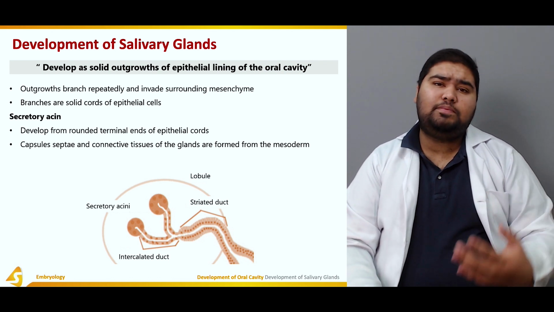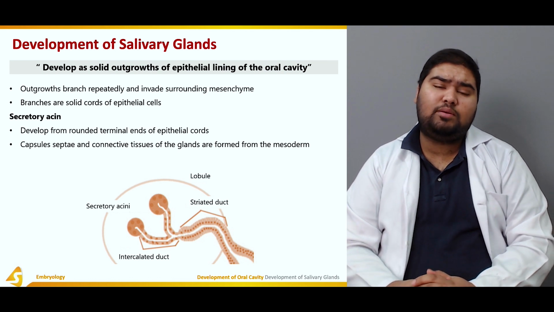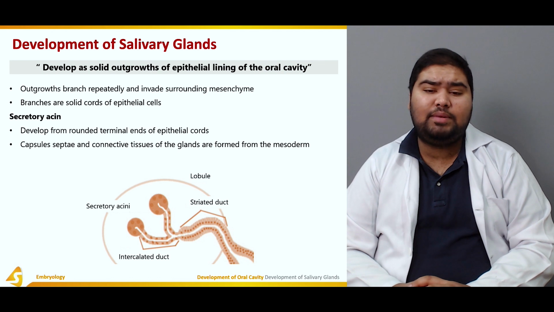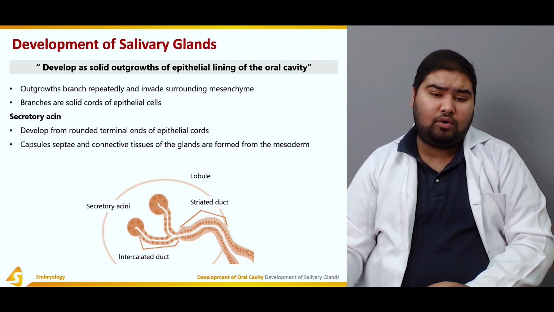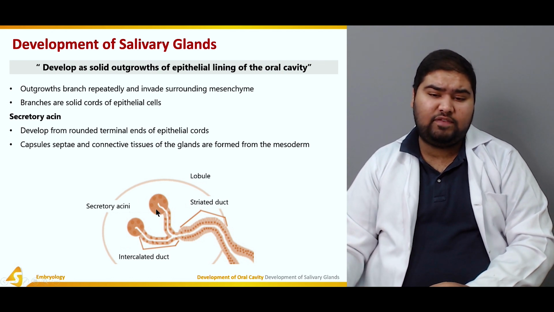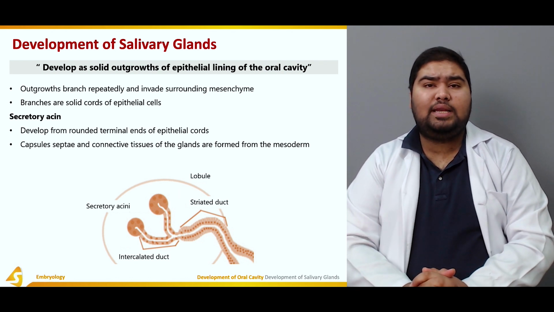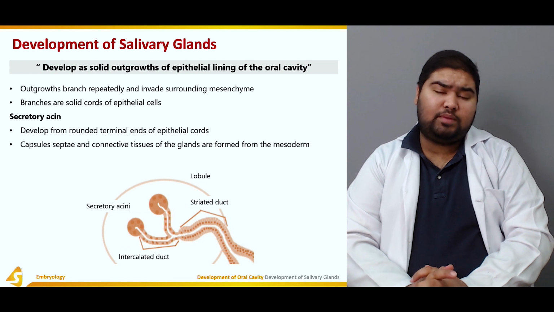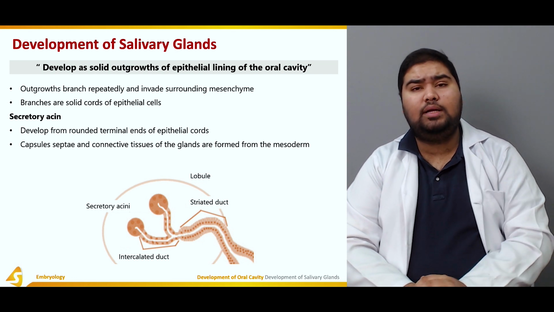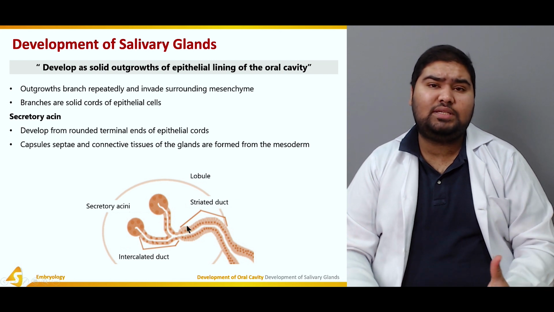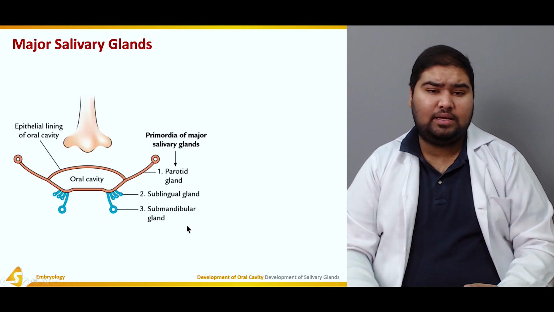The secretions are produced by acini which develop from the round terminal ends of the epithelial cords, as can be seen in the figure. And the septae, the lobules, and the connective tissue of the gland are derived from the mesenchyme into which the epithelial cells proliferate. So this is how the development of the salivary gland takes place.